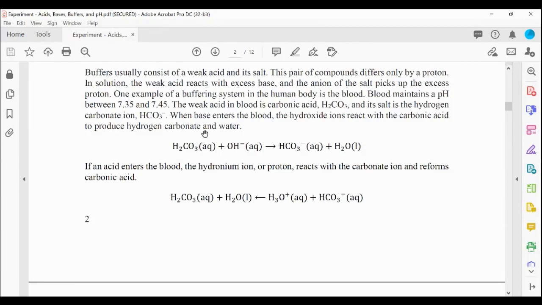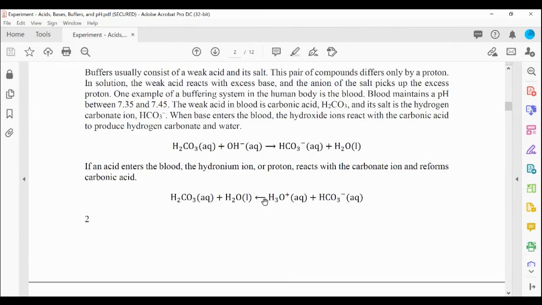So how do they act? What do they do? If I add a base, which is an OH, the base is going to react with the weak acid to produce the conjugate base of the weak acid. And if I add an acid, let's say here is written, the arrow is pointing to the left. So when I add a base, it reacts with the acid.